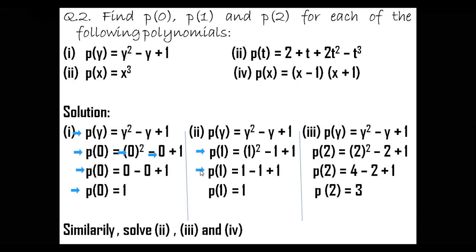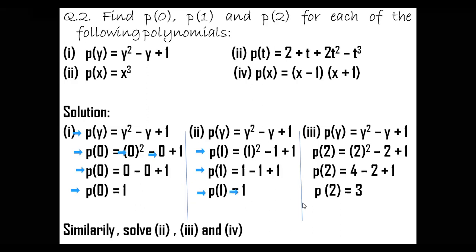So 1 minus 1 is 0. 0 plus 1 is plus 1. So you'll find over here that the value of the polynomial for P of 1 is equal to 1. Yes, so when y, the variable, is replaced by 1, I get the value of the polynomial also as 1.